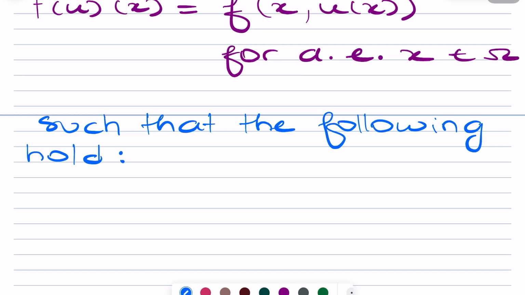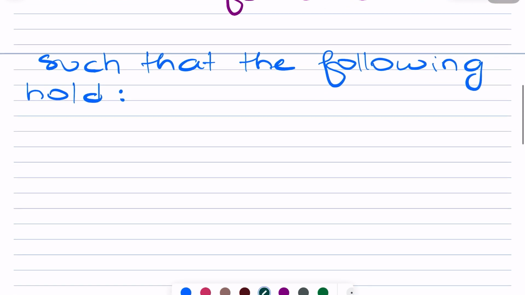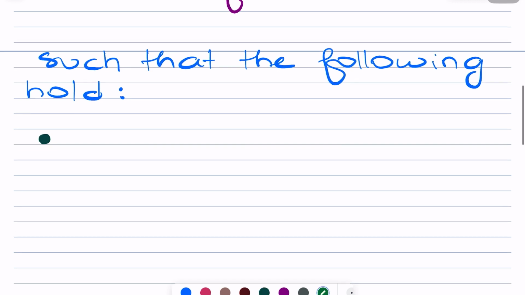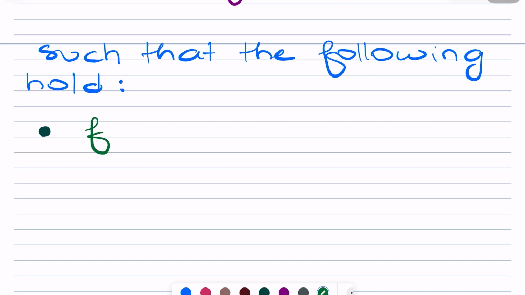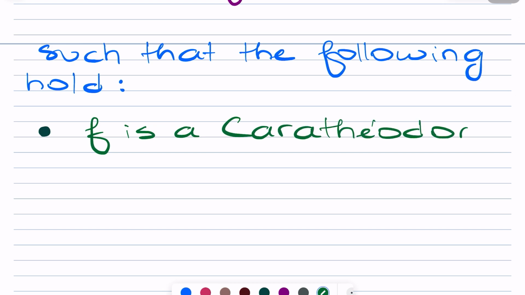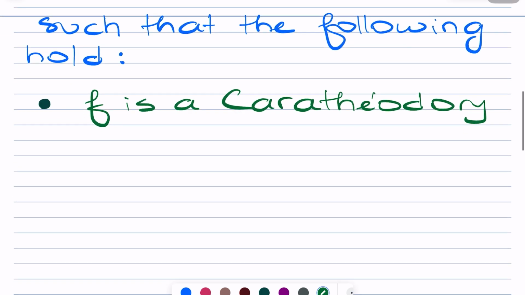The first thing we will require is that our function little f should be a Caratheodory function. And then I will tell you what it is. It's a Caratheodory function.